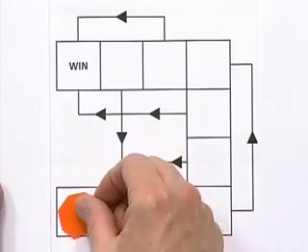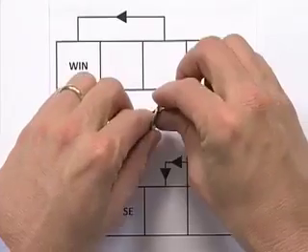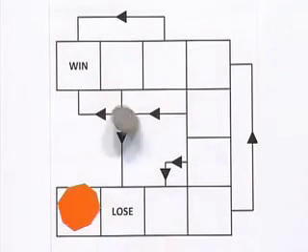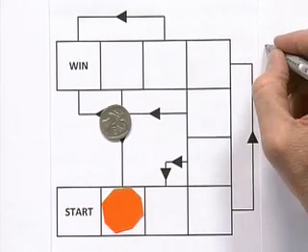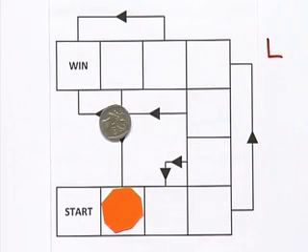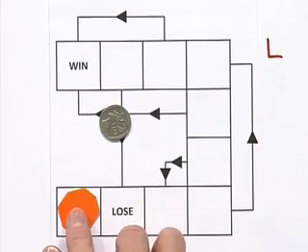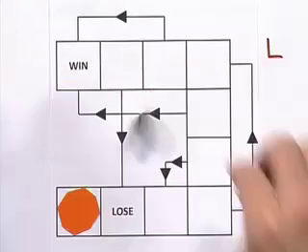Let's get started. Our marker's on the starting square. We spin our coin and we get a head. We move forward 1, and I'm afraid our first game results in a loss. Let's start again. On the starting block, we spin our coin.